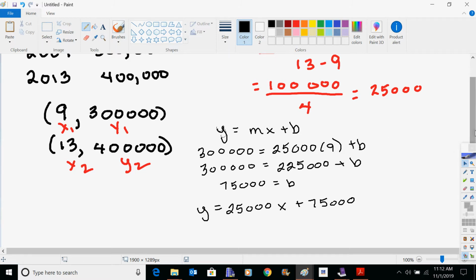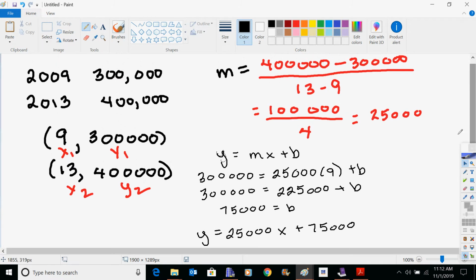Well, we're taking a change in the number of participants in lacrosse divided by the number of years that happens. So the 25,000 represents the change in number of participants per year. So it's going up by 25,000 players per year if it follows this continual pattern.